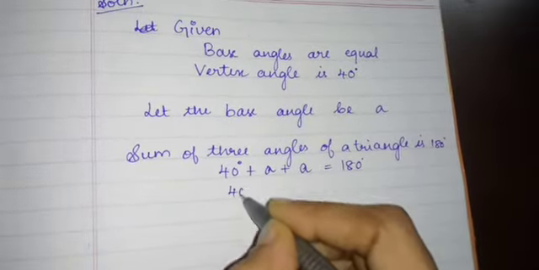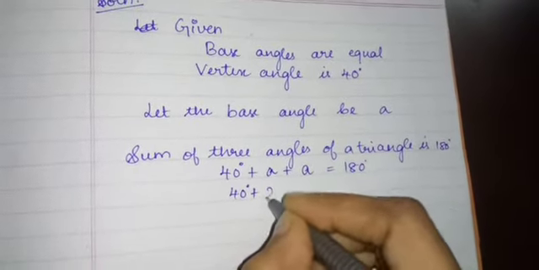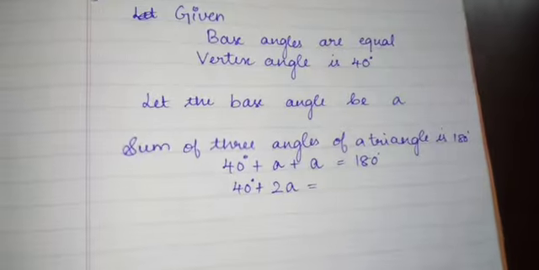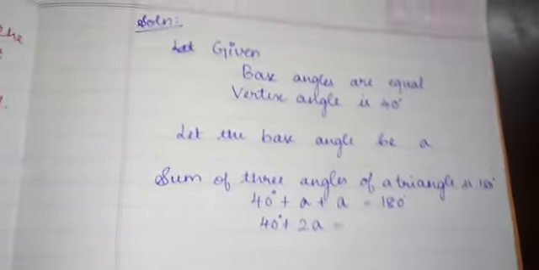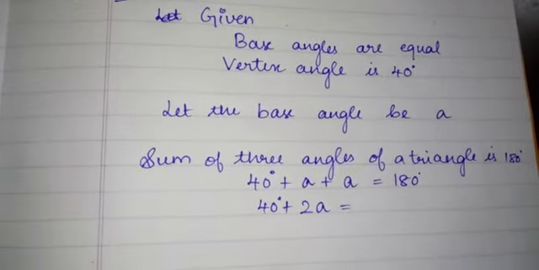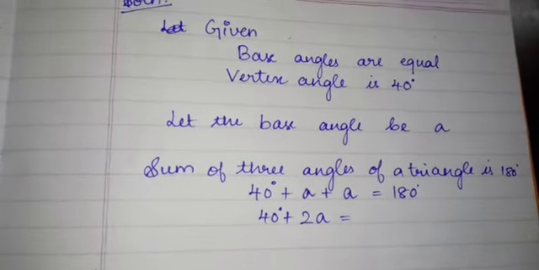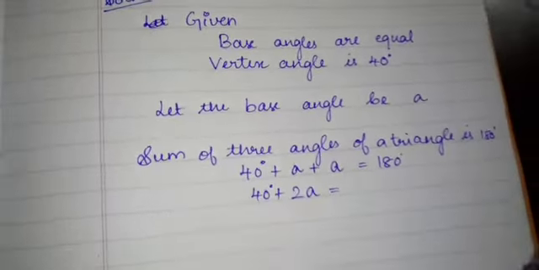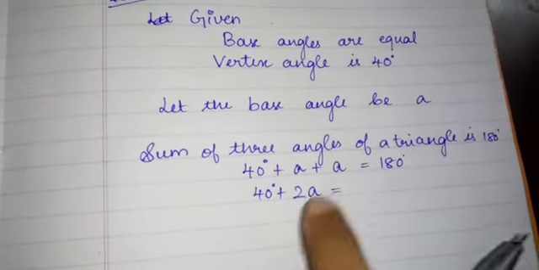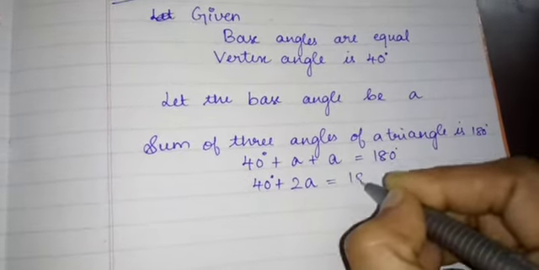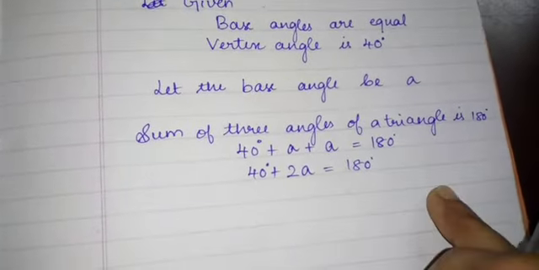Now A plus A, children, what is A plus A? 2A. Like x plus x is 2x, A plus A is 2A. How many A's have I added? 2 A's. So 40 plus 2A equal to 180. So this is your equation.